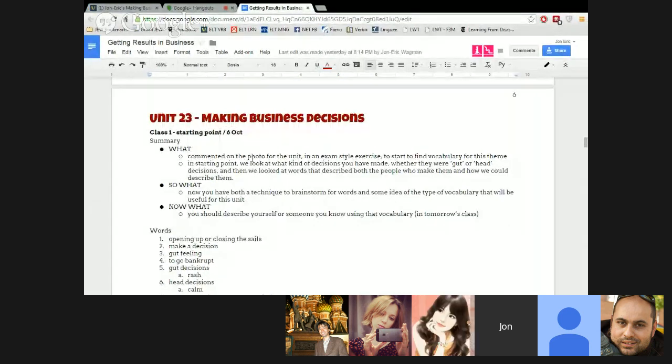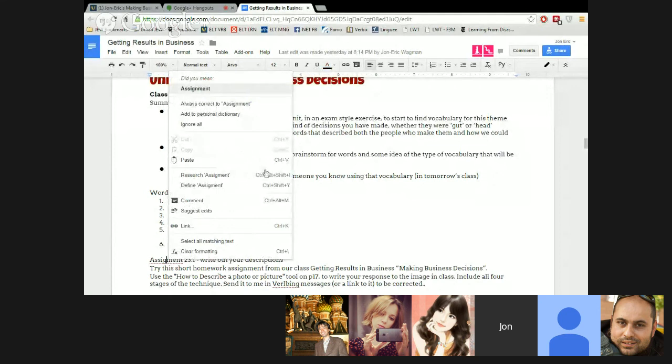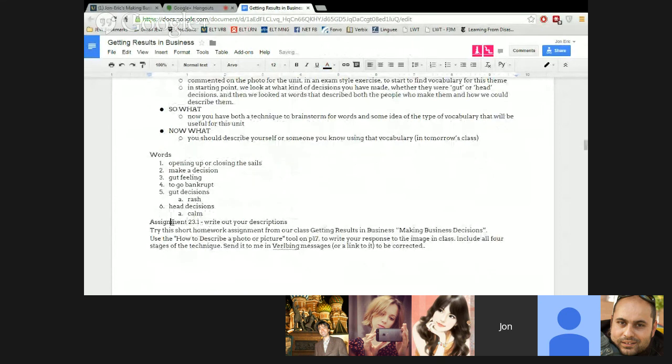On our notes document, which is on page 6, you see class number 1, and then you see a summary of what we did yesterday, and then you'll see words. And there was an assignment too that I sent you, which you can see down here at the bottom. But I want to look at words for a minute. Yesterday, we agreed that there's 2 basic kinds of decision making: gut decisions and head decisions.